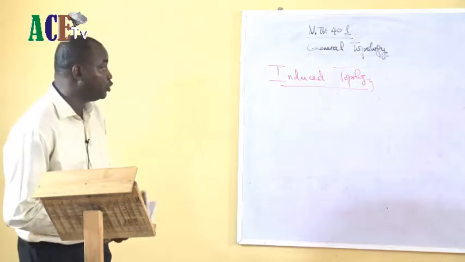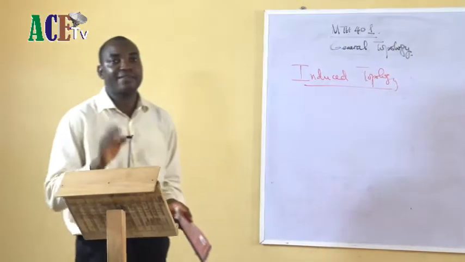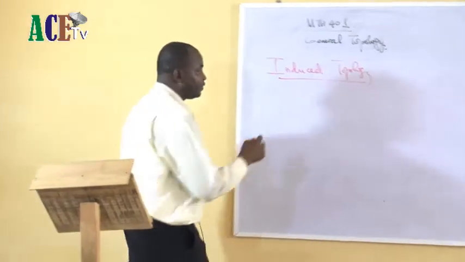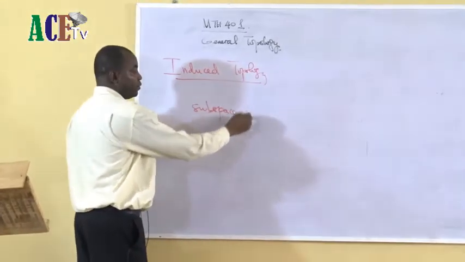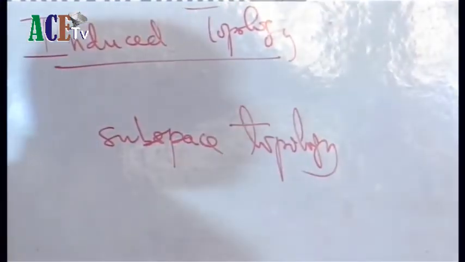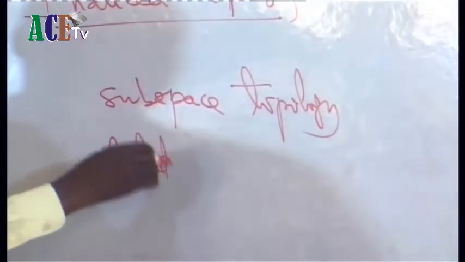Let's look at induced topology. This concept has two other names, namely subspace topology, or what we call the relative topology.